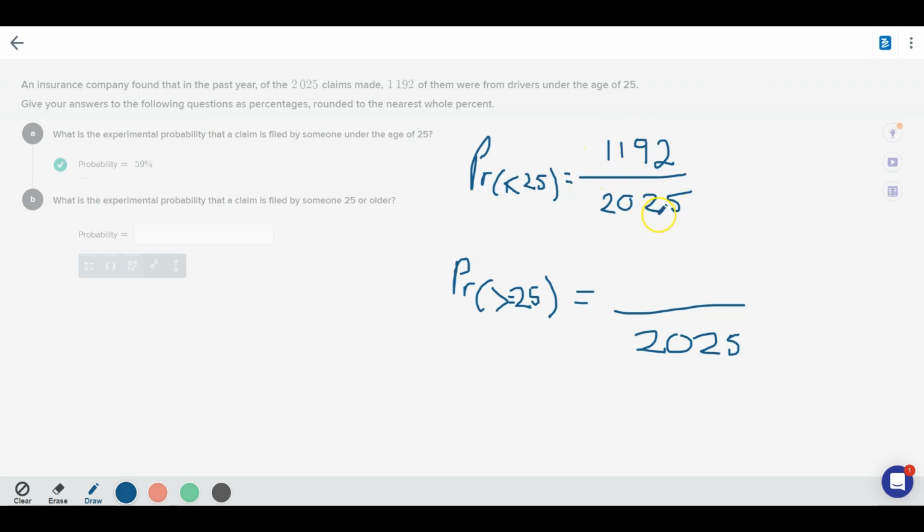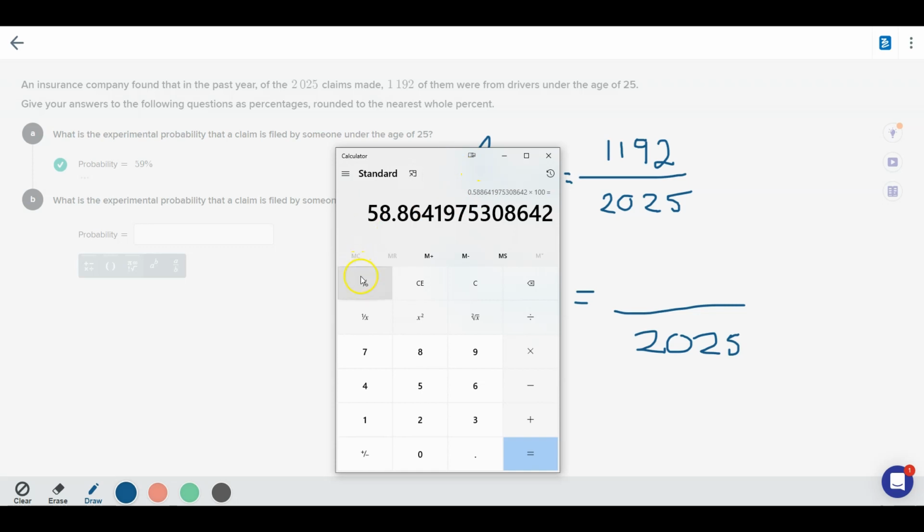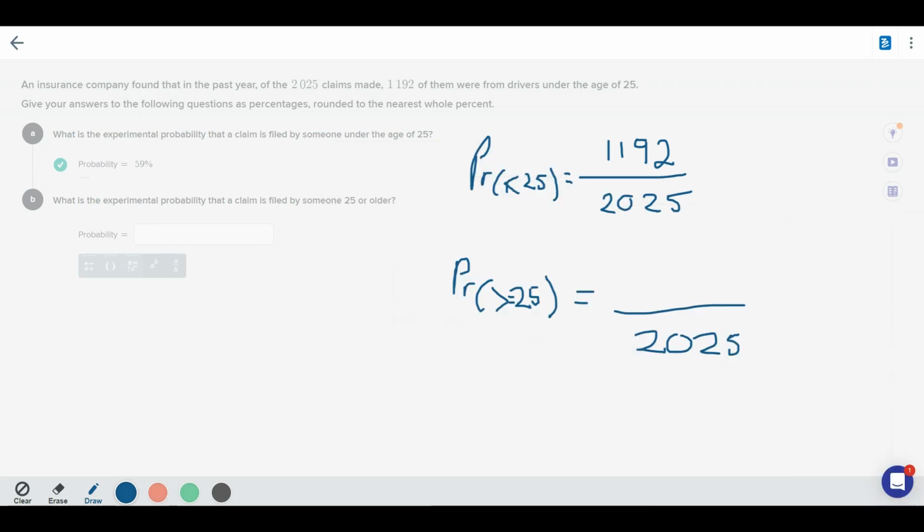We know what the total is. If we take the under 25s away from the total, that gives us what was left. So again, bringing in our trusty calculator, clear that answer. 2025 minus 1192 means that 833 of the claims were drivers 25 or over. Okay, so we now have a number to use on the top.